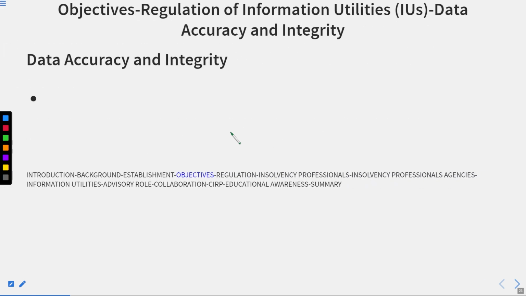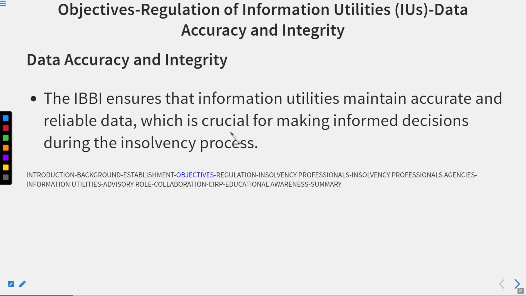Thereafter, in the regulation of information utilities, the first step is data accuracy and the integrity. The IBBI ensures that the information utilities maintain accurate and reliable data, which is crucial for making informed decisions during the insolvency process. So as I have told you, the first basic step is to maintain the accurate and reliable data.